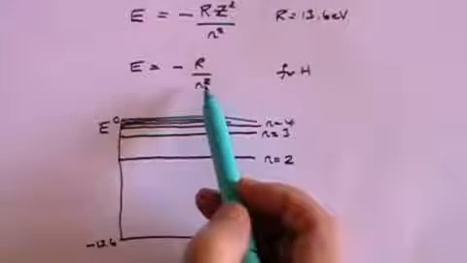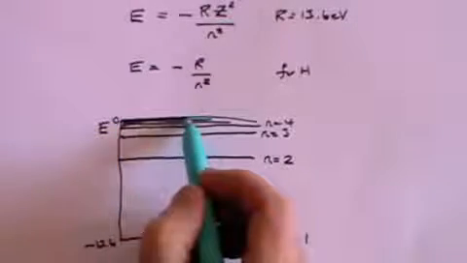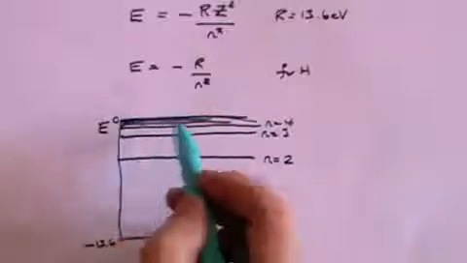When n is infinity, E will be 0. And so this is, as it were, the furthest up you can go. And if you get beyond the point where the energy is 0, the electron is free.